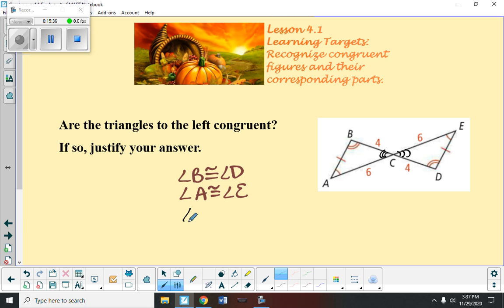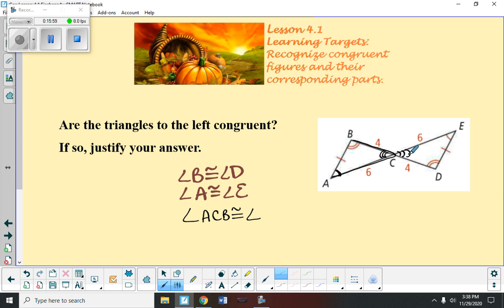Now, when I name those angles, I can't just say angle C because there are all kinds of angles located right here, right? So I need to use 3 letters. So we'll say angle ACB is congruent to angle. Okay, angle A, I use that first. And so I went angle ACB.